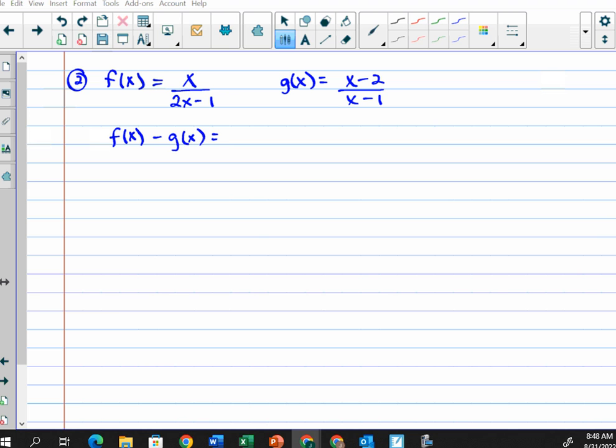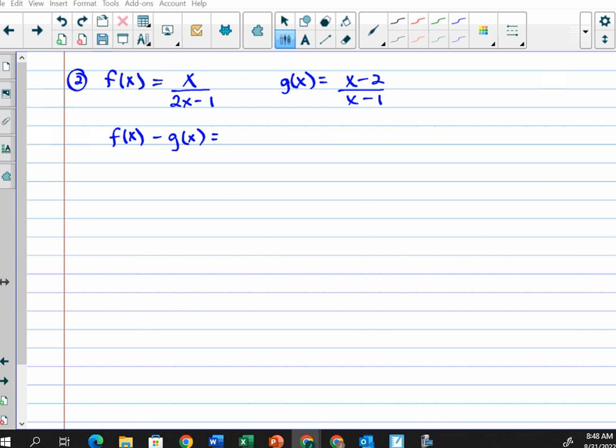Okay, and then the domain is negative to... There's always going to be other weird graphs sometimes.